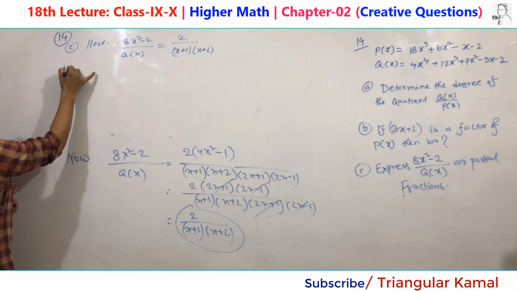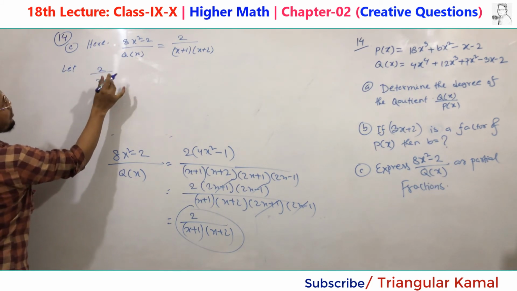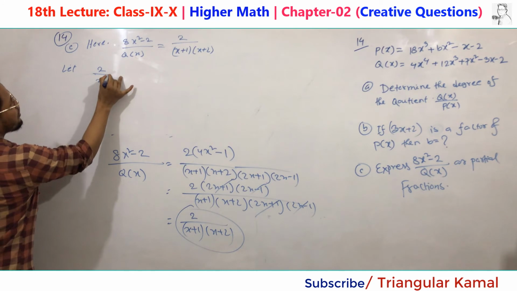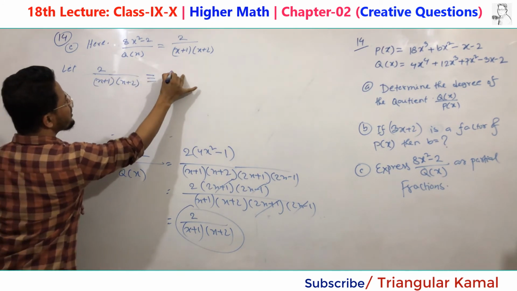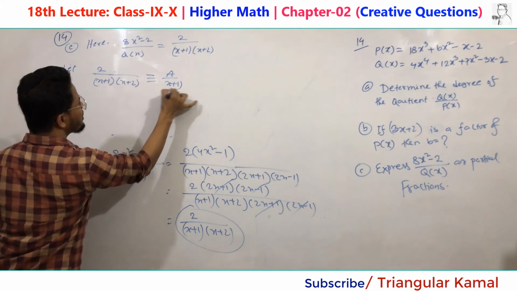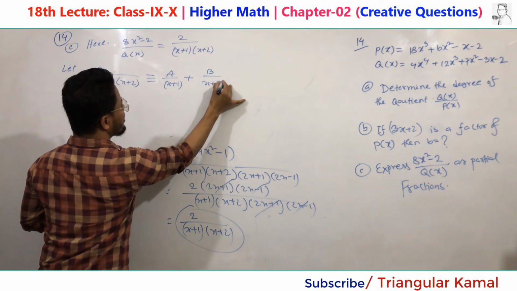So let 2 by x plus 1 and x plus 2 be equivalent with a by the first factor, just using method number 1, and b by the second factor.